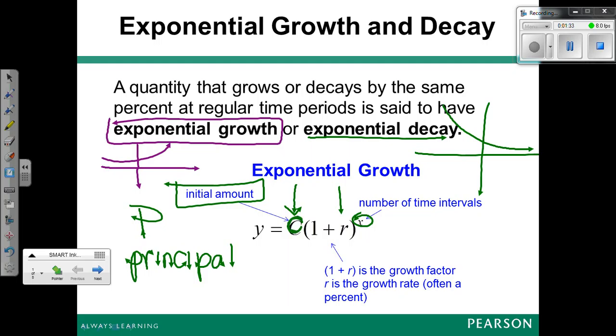Now, lowercase r stands for the rate. This time we're going to talk about money problems, so interest rate. Some credit cards have an interest rate of 26.99%.